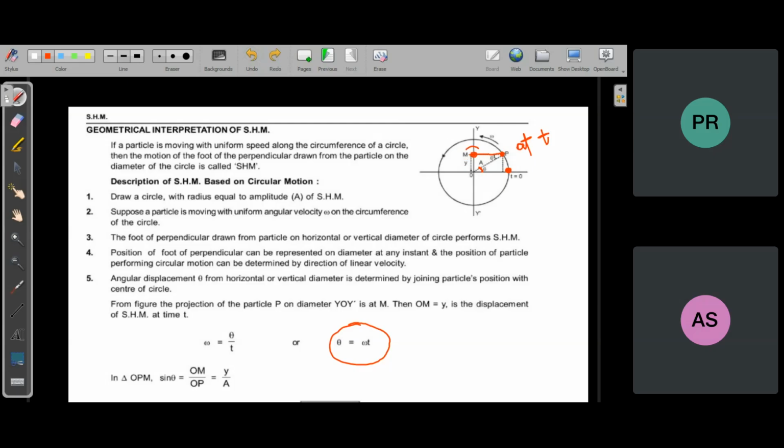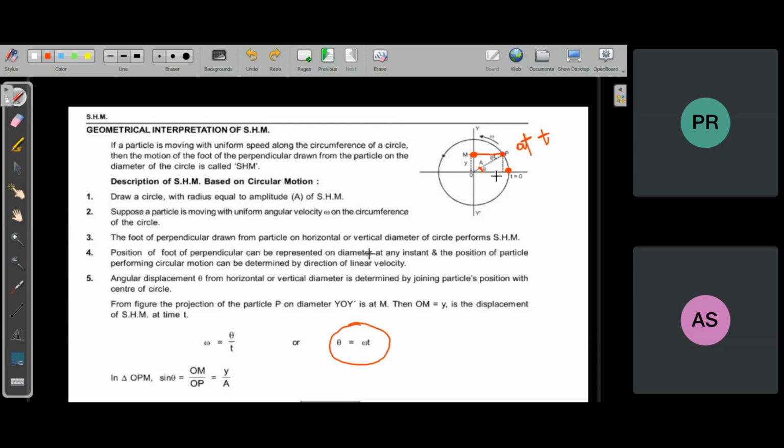So let's call OM the projection of this particle on the y-axis. Now write down the equation of this y, where y is simply this length, OM. How is y related to the radius of the circle?